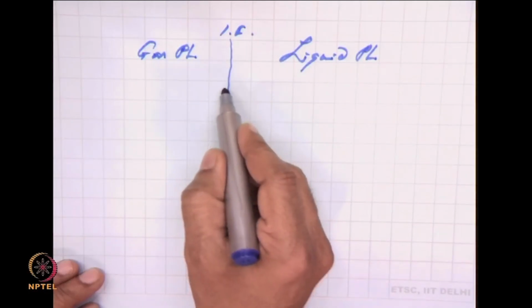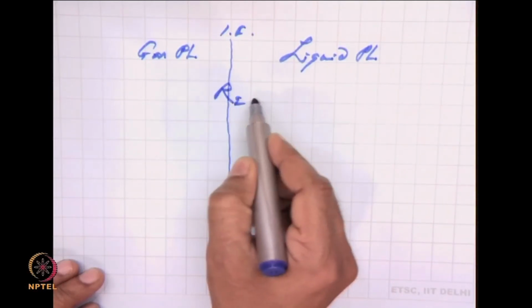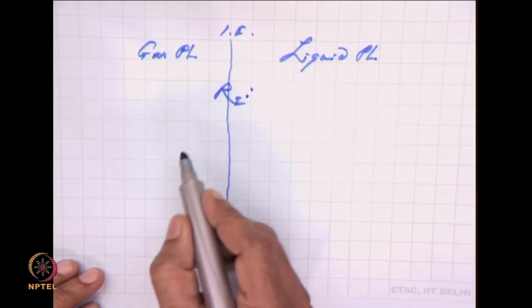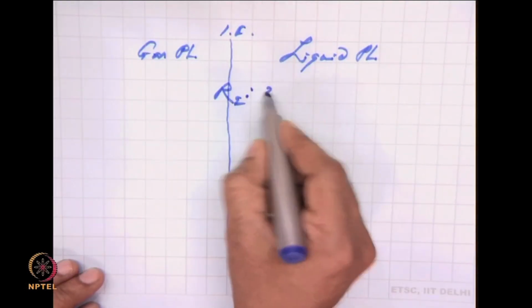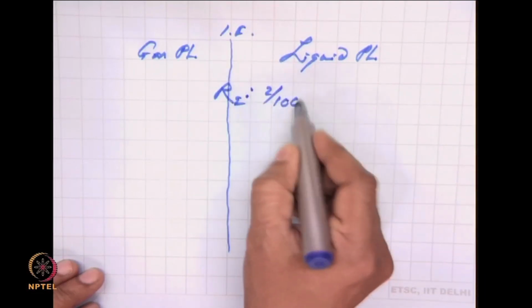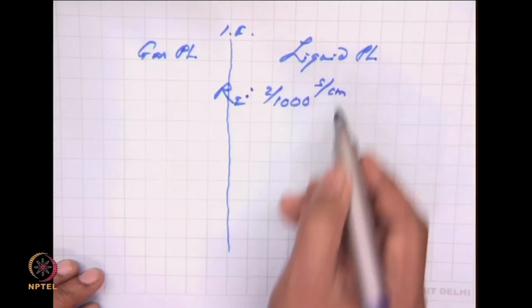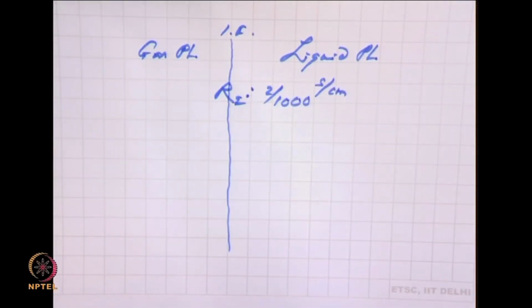The interfacial resistance R sub I, we are saying, is 2 by 1000th of a second per centimeter, provided we are talking about clean water, alpha equal to 0.034.